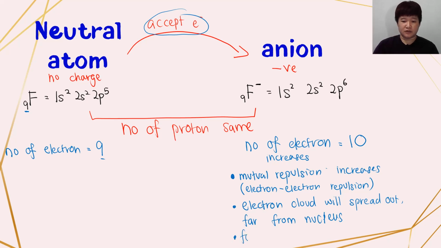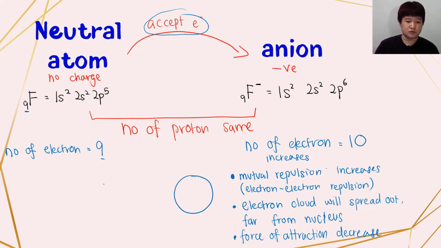What happens to the force of attraction? The force of attraction from the nucleus to the valence electron will decrease. When the force of attraction decreases, what happens to the size of the anion? The anion right now will be bigger compared to your neutral atom.